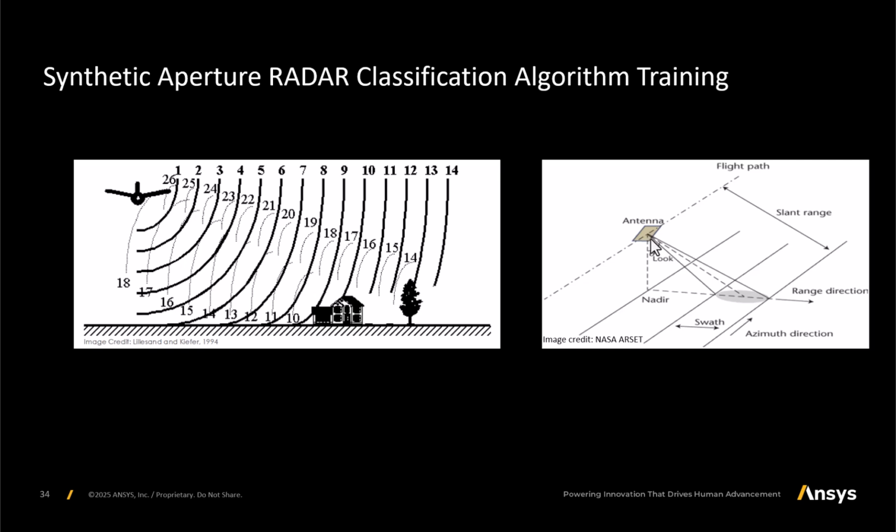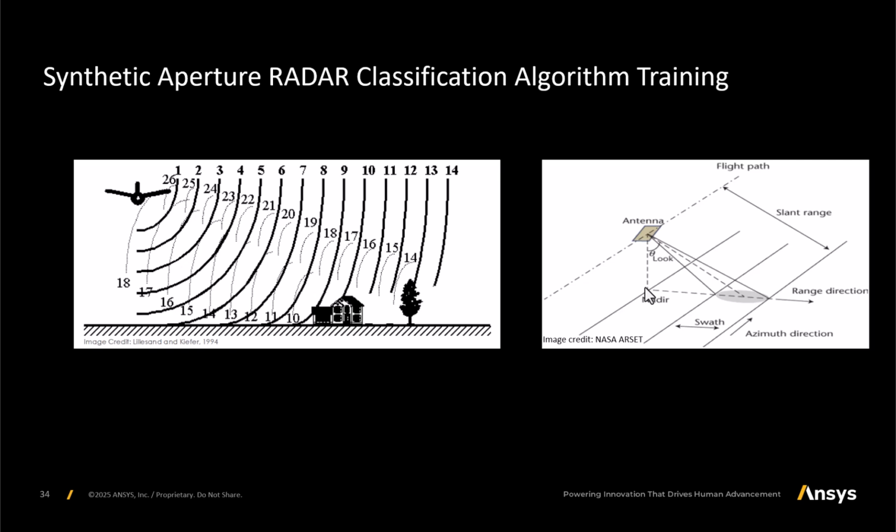There are a few things which you need to understand before going into SAR. For example, my antenna is over here. If I look directly below, I will not get any image, because it will be acting like an altimeter radar, which will give you just a spot telling the distance from the antenna or the platform to the ground.